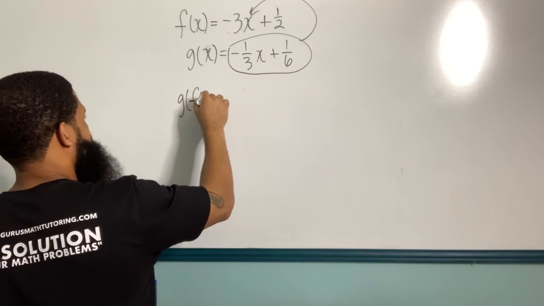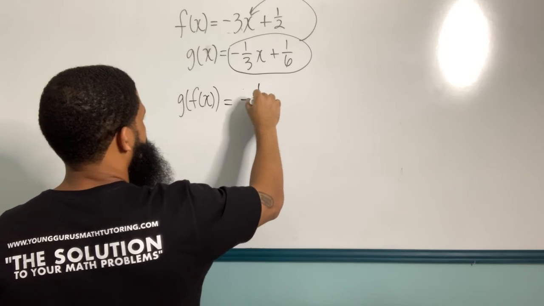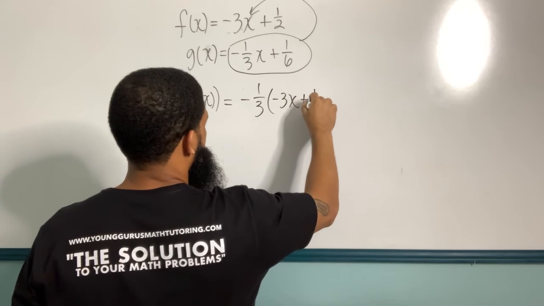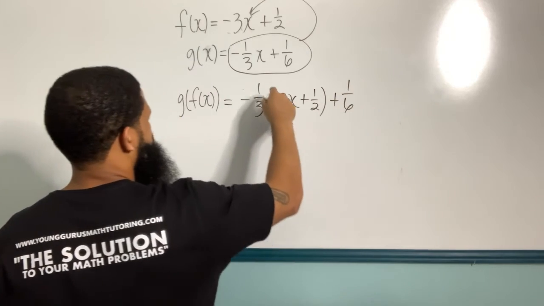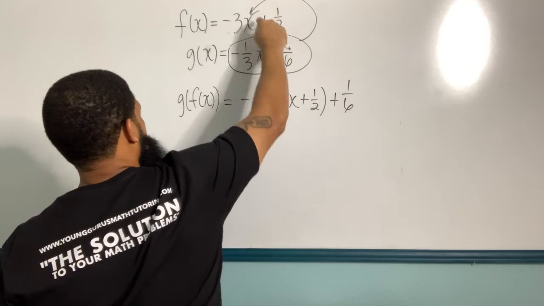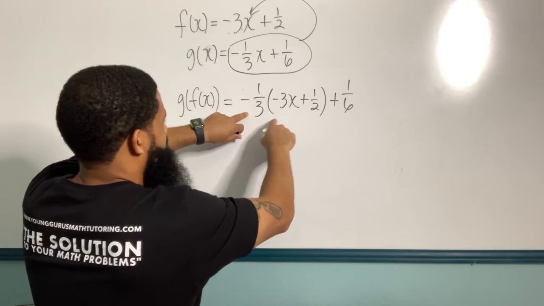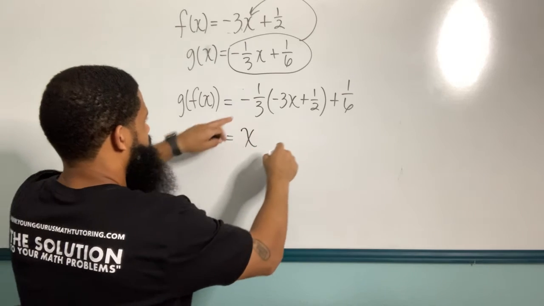g of f of x equals negative 1/3 times negative 3x plus 1/2, and then plus 1/6. All right, so all I did was I took this function and plugged it in for this x. Distribute. Negative times negative is a positive. 1/3 times 3 is just 1, so I get x.